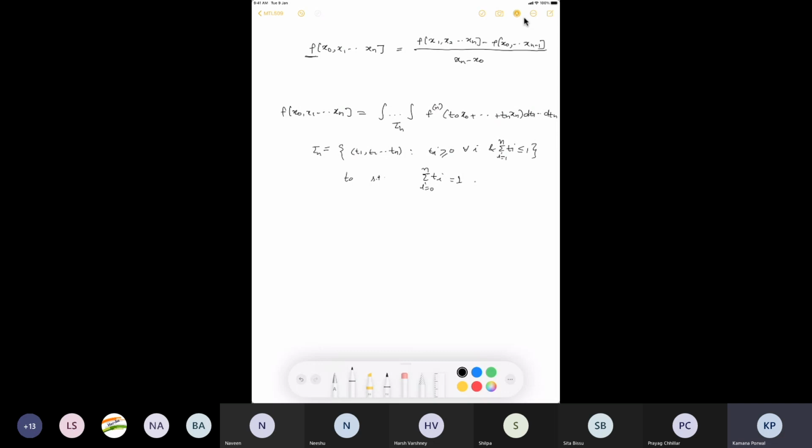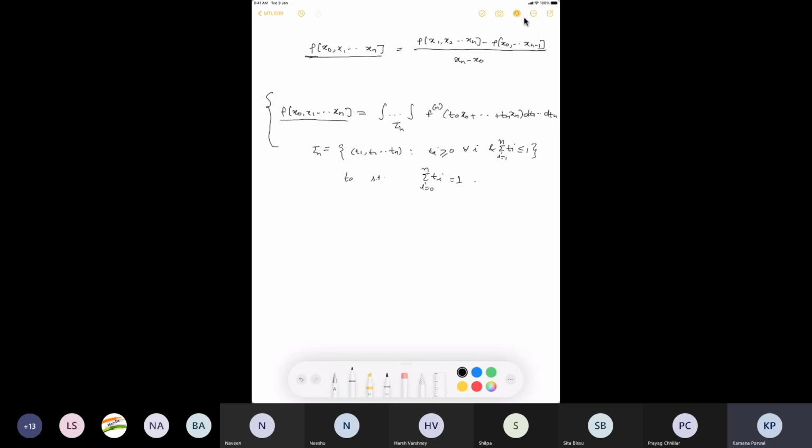So note that while proving this characterization, we assumed that the xi's are distinct, right? And why was that assumption required? Because what we know about this divided difference is that it is given by this formula, which requires that we divide by the difference of two nodes, right? So while proving this result, we assume that the xi's are different because that is when we know the definition.